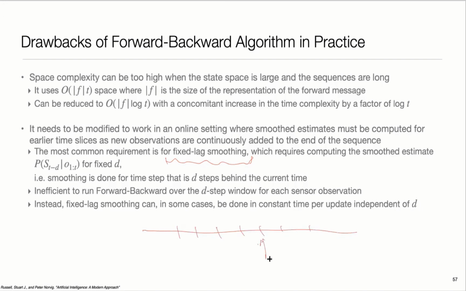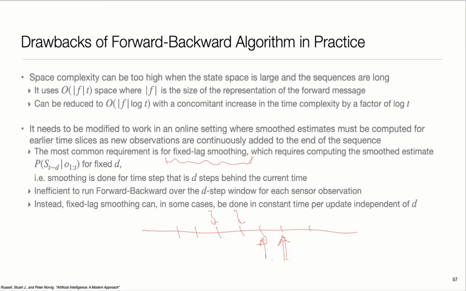I got a measurement here, and from that I'm going to smooth things here. Then I get the next measurement, and I'm going to smooth things at this time step. I'm going to run this forward backward algorithm each time, which is kind of stupid because I'm going to be doing duplicate work.